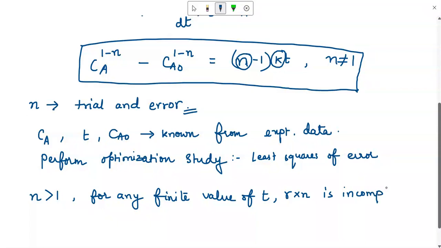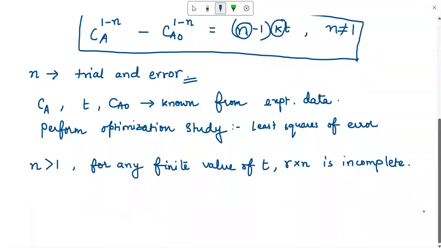So it will never reach a point where the entire initial reactant provided is completely exhausted. So at finite time, if the value of n is greater than 1, the reaction will not go to completion.